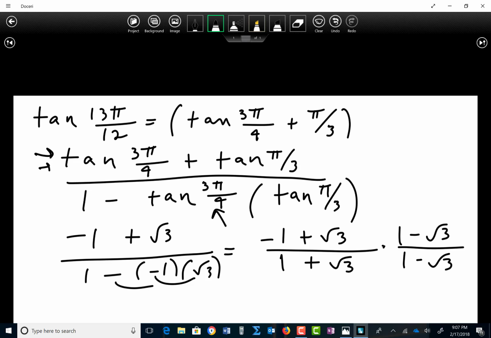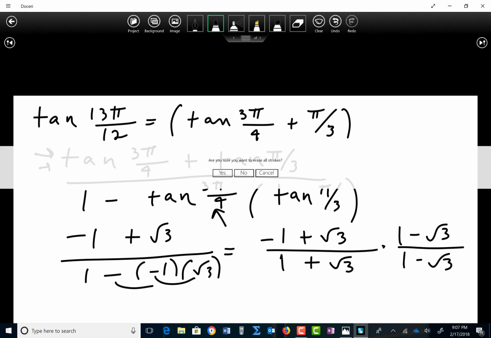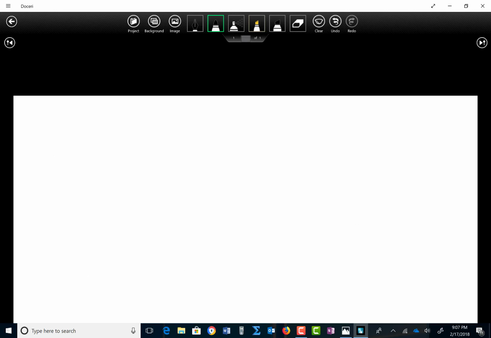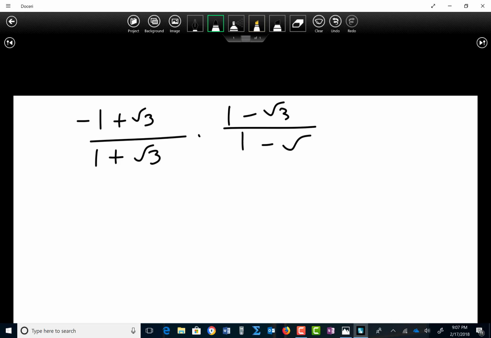So when we multiply, let's just clear that out and then put this on a page for us. So times 1 minus square root of 3 over 1 minus square root of 3.